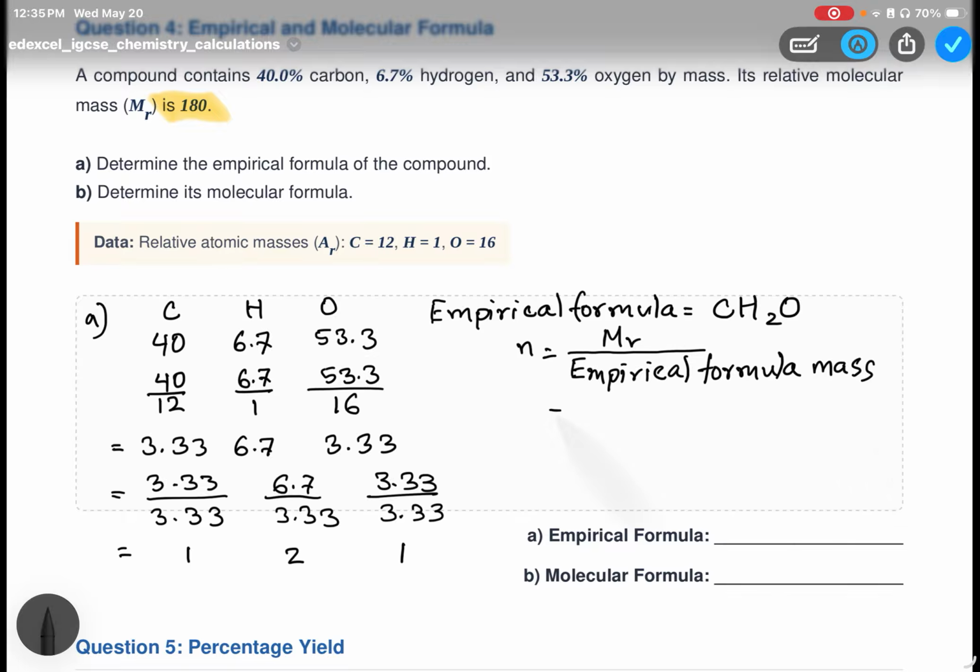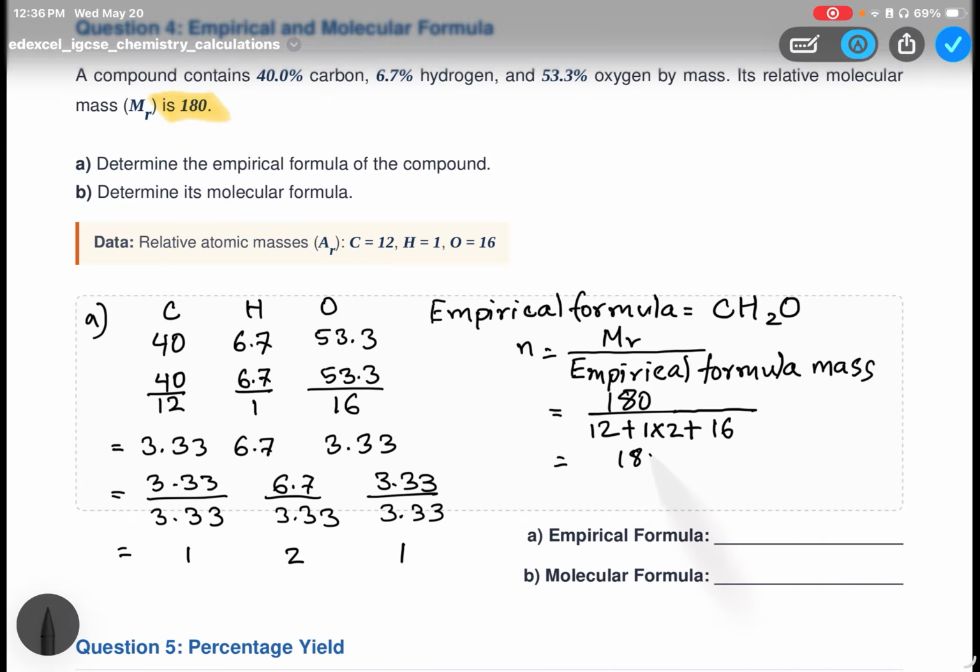All right. So your Mr is 180 and your empirical formula is CH2O. The empirical formula mass is 12, because I have only one carbon, plus 1 times 2, because there are 2 hydrogens, plus oxygen, which is 16, and I have only 1. So 12 plus 2 is 14, and 14 plus 16 is 30.